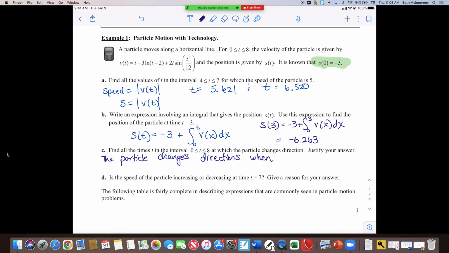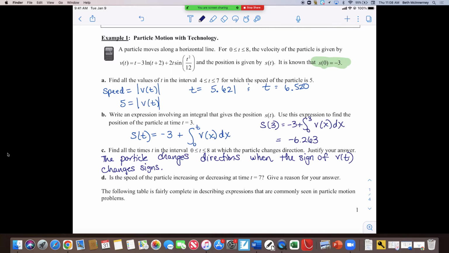Michael? When velocity changes signs, or the first derivative changes signs, okay? So we're going to write this down to refresh our memory. The particle changes directions when the sign of velocity changes.